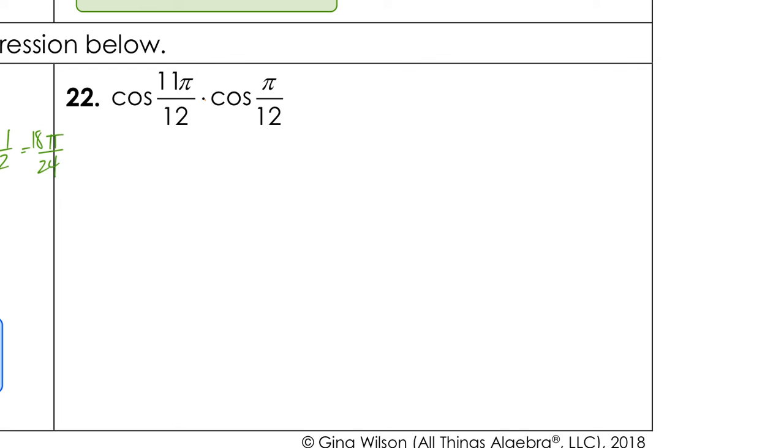I know the identity when you have cosine times cosine is to subtract and then to add. So it'll be 1/2 cosine. Let's subtract those angles. So 11 pi over 12 minus pi over 12 plus cosine of adding those angles.